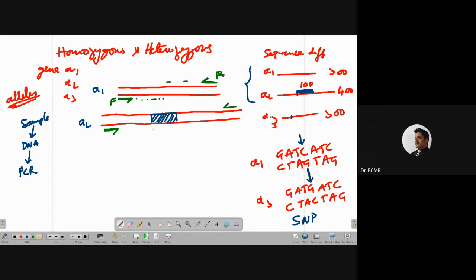Only the middle part is different. So if we perform PCR, what are we likely to get? That's the question I'll have. Let's try to solve it as if it is a puzzle and see what we will get.